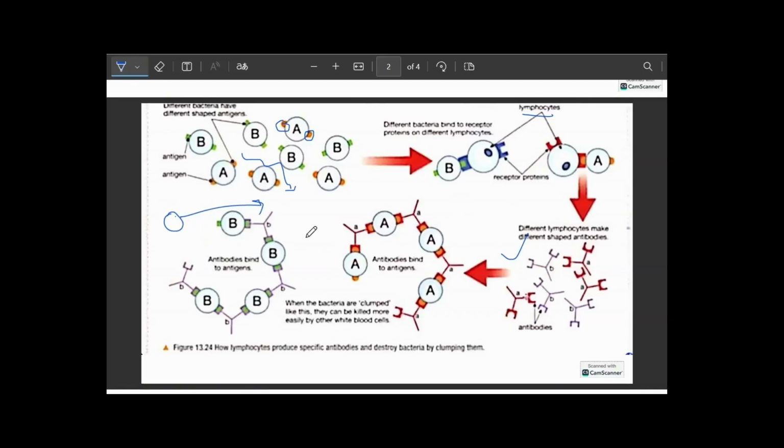Now that we have understood how immunity is produced, what happens in the case of vaccination? Vaccination is basically an artificial active immunity. Why is it artificial? Because the bacteria or the virus do not need to come and attack our body.